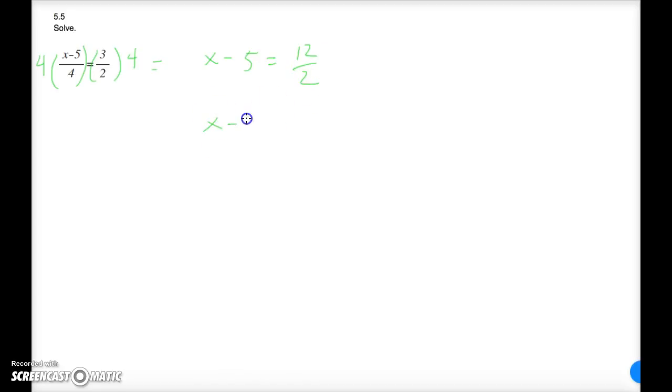So x minus 5 is equal to 6. I'm going to add 5 to both sides. I get x equals 11. But you could have solved this with cross multiplication as well. I just find this way to be quicker for this particular problem. But either will get you the same answer.